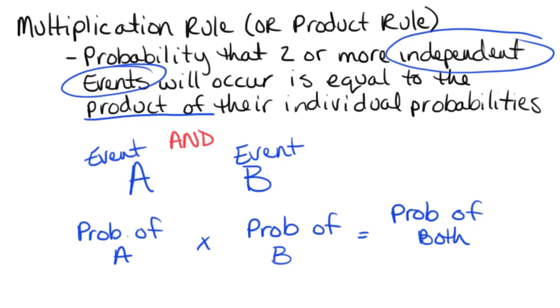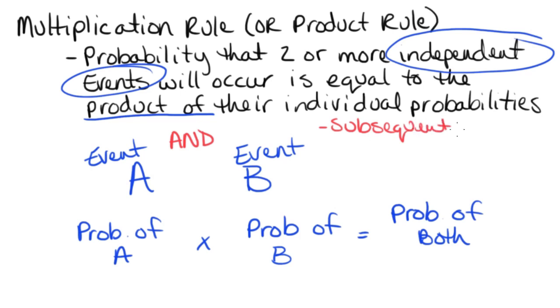Now, the reason this is important is because when we do start to talk about genetics, the multiplication rule can be applied quite often. Ways that we will use this when we start to talk about genetics is that we use this a lot when we look at subsequent offspring.